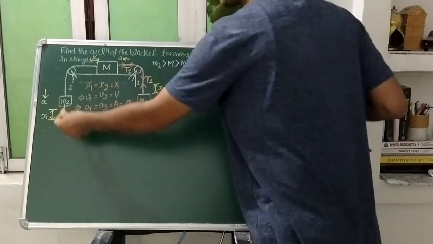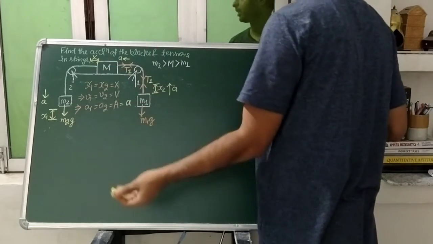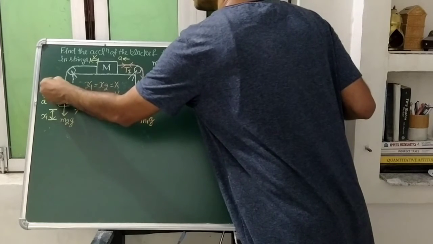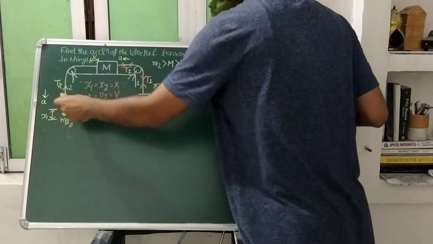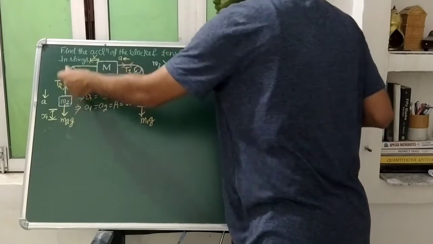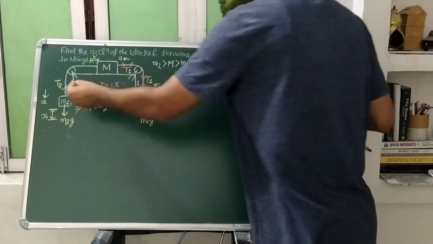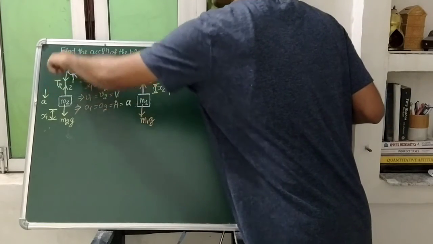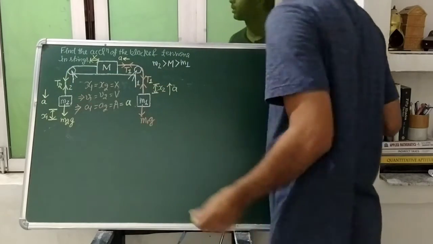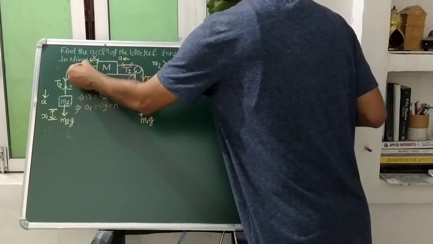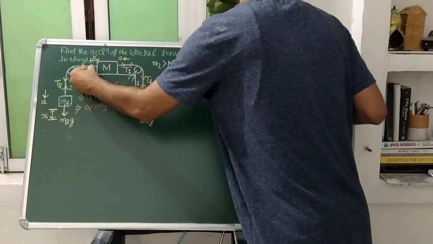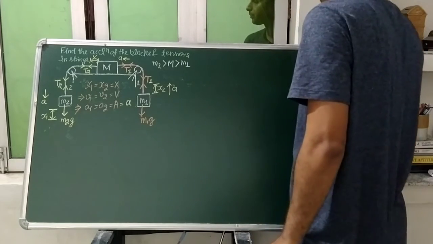It is the second string, so of course the tension in that string will be different, and that we are calling capital T2. For this object of interest, the pulling effect will be in this direction along this string, and for the pulley, the tension will be along this string in this direction. Since we are talking about a frictionless and massless pulley, this T2 tension will also be present at this end.